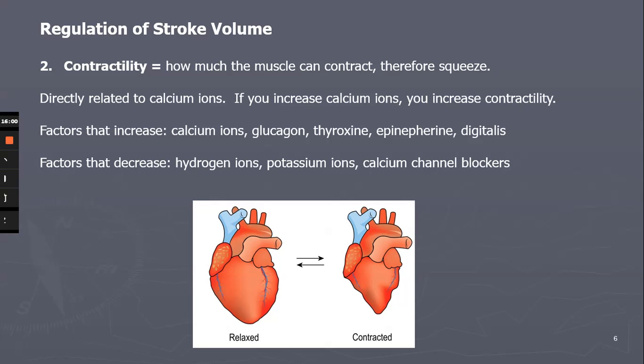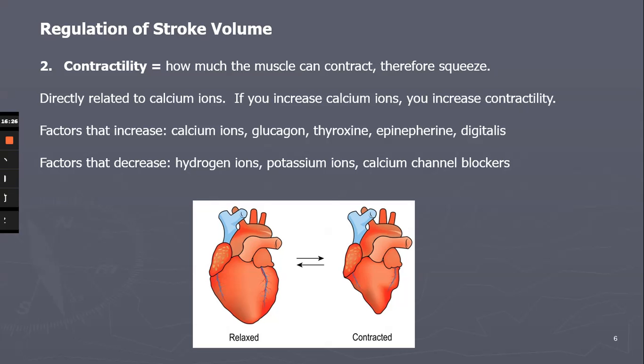Another factor is contractility. So there's that word again, ability to contract. It's how much the heart muscle can contract, that myocardium. So therefore, squeeze. Now when our heart contracts, we know it's squeezing that blood.